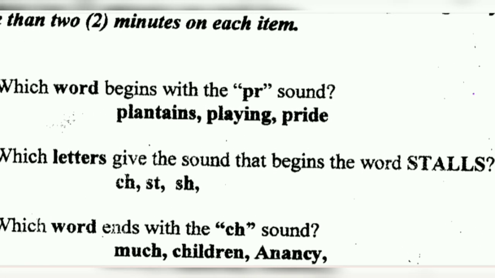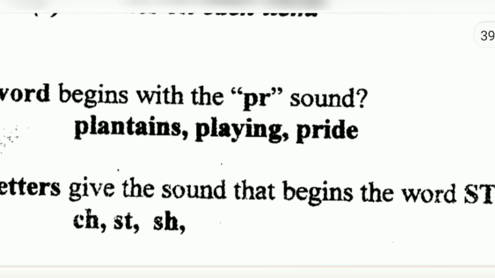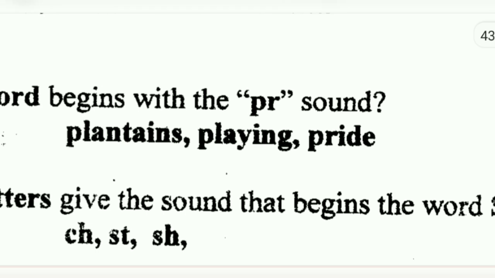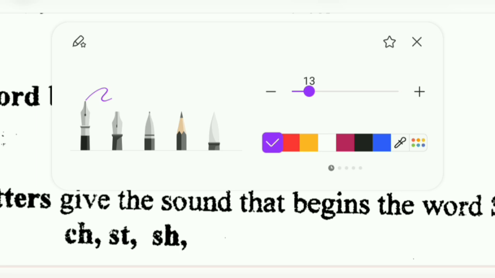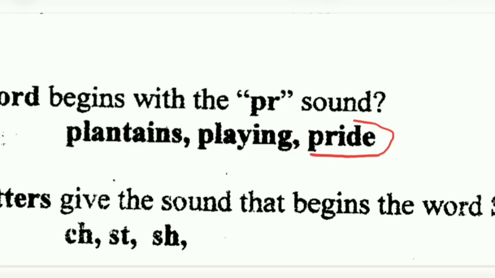The second one says it's playing. And the third says it's pride. Now this is a big giveaway because any sensible grade 3 child, from you say the PR, you should be looking for that word starting out with the PR. Alright? So it's right here, and this is the word pride beginning with PR.